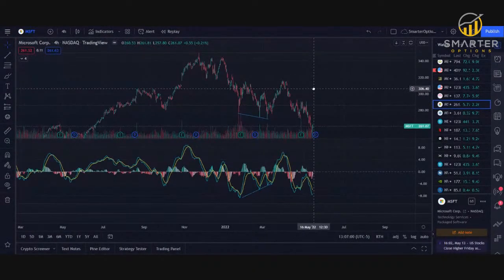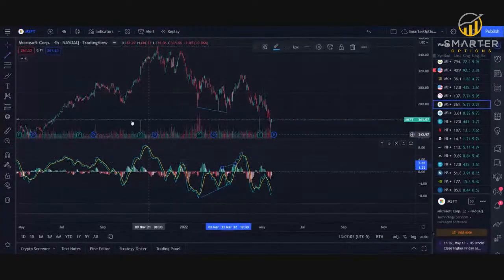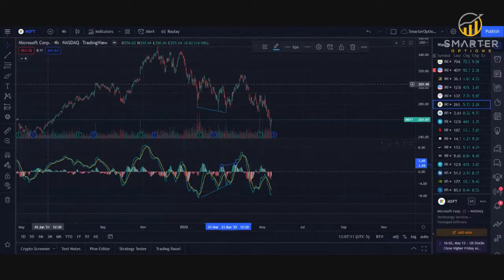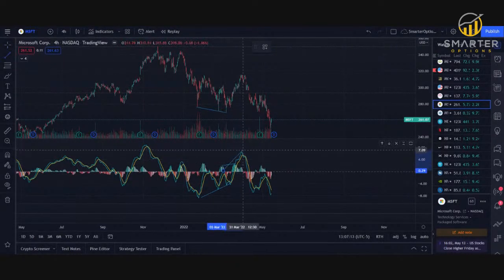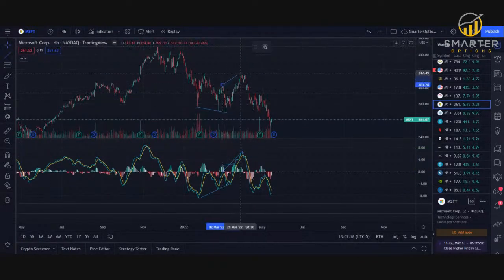Let's see where. Here is a bearish div. We got a higher high, and actually, we got a higher high on the histogram and we had a higher high on the MACD. So there's really, I mean, you got two right there. Same period.